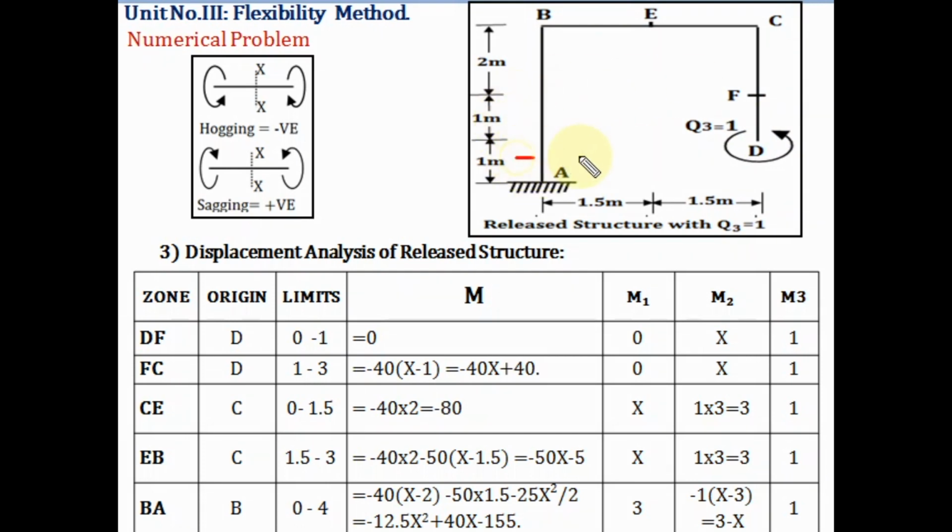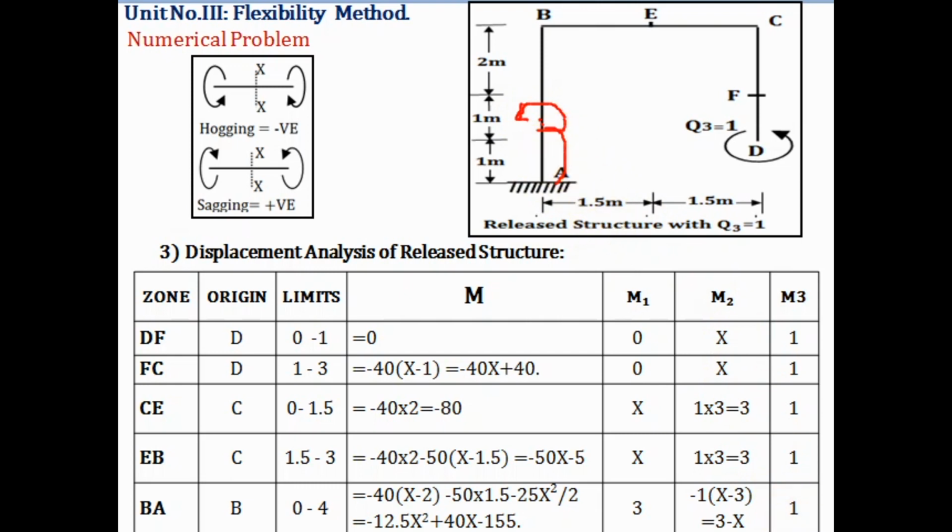if you take the section here now and measure x from B point, okay, so this moment will act in this way. Or if you are not getting it, suppose at this point the moment is acting like this. So due to this moment, here there will be a sagging moment.